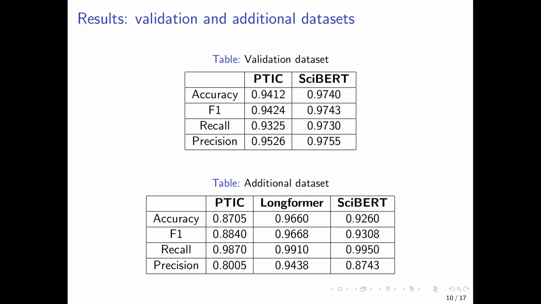Results for the validation dataset are very similar to the initial dataset because the datasets have a very similar structure. Both consist of a title and abstract for each entry, and the same distribution of the most frequent words. But for the additional dataset, we got rather different results when compared to the initial set.